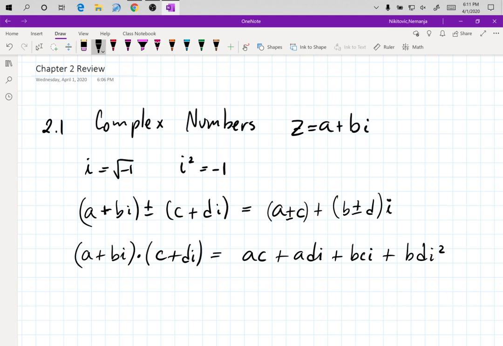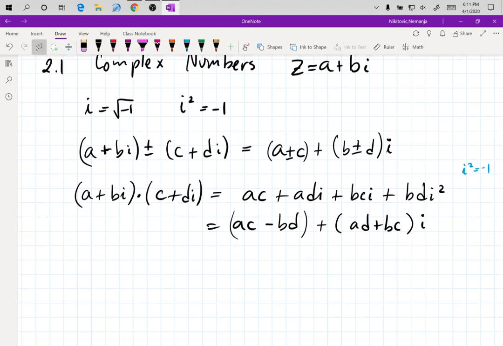We remember that i squared is -1, right? So this i squared over here, so I'll put it in blue here, that i squared is -1, so that contributes to ac minus bd is our real part, and then ad plus bc i is the imaginary part. So we do the FOILing and we're done, right? That's the multiplication.